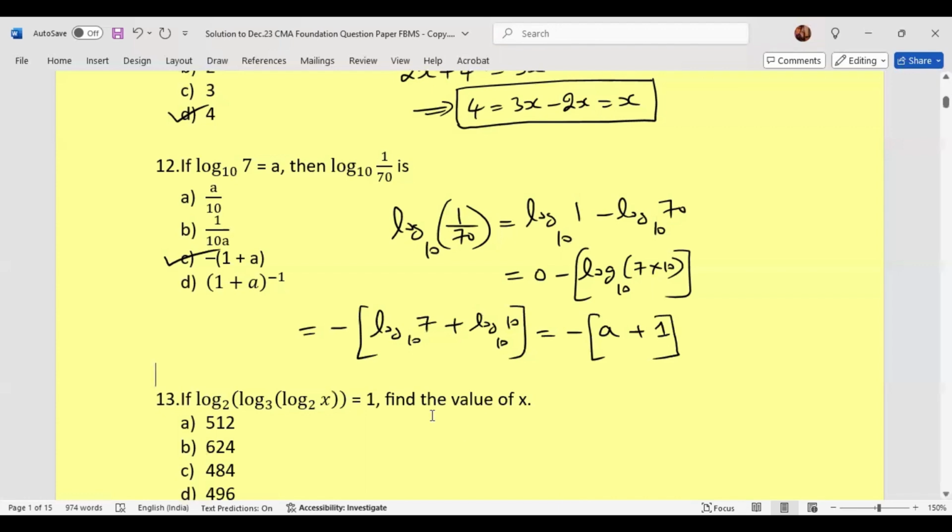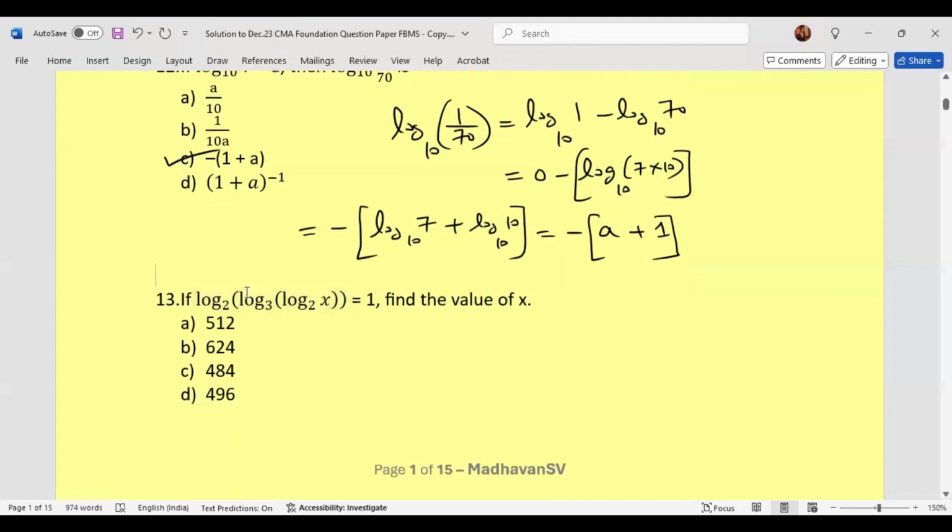Next question. If logarithm of logarithm of x to the base 2 to the base 3 to the base 2 is 1, find the value of x. So this expression, the base 2 to the power of 1, will be this expression.